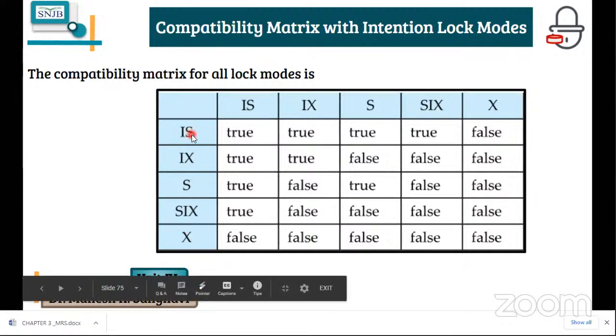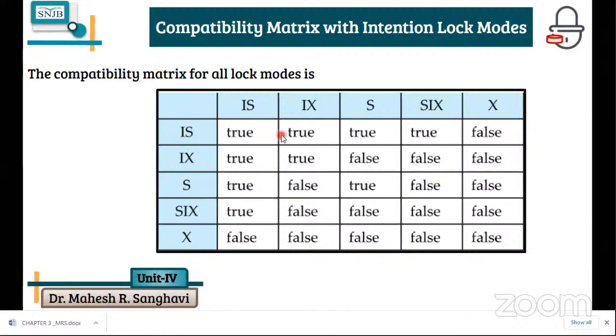When we are locking using IS mode, everything will be true except X. Once you have locked using exclusive mode, IS is not allowed. But if you lock using IS, IX, S, or SIX, then it is permitted.